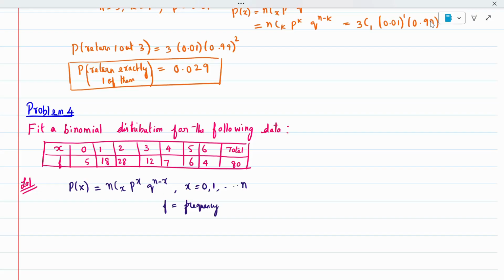That is called the theoretical frequency. Whichever distribution I use, my total should be 80.